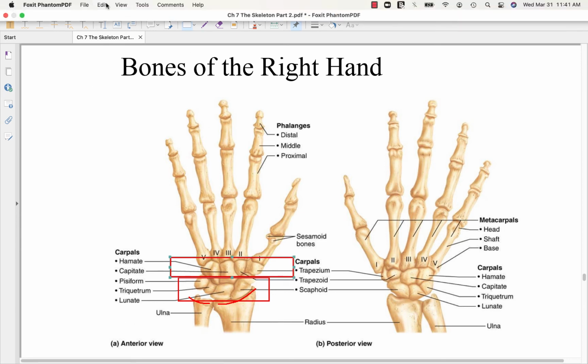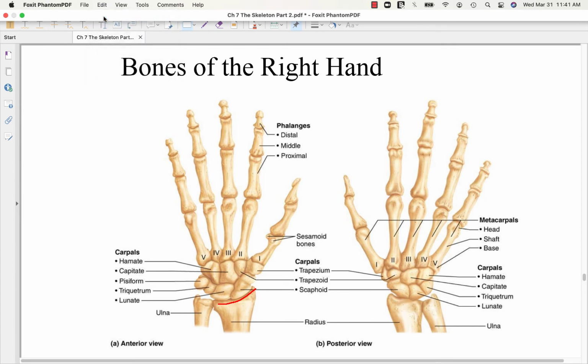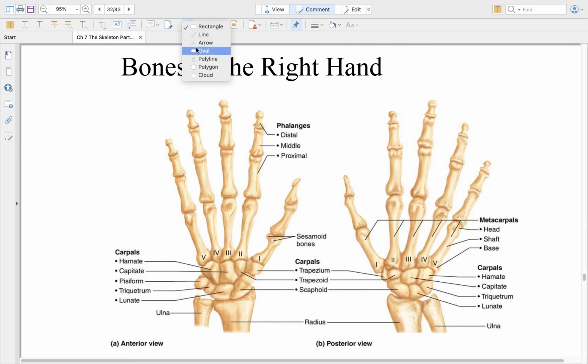So let's go ahead and start. Let's start from the thumb, and then we'll move inward. Closest to the radius, the scaphoid. Next, lunate.